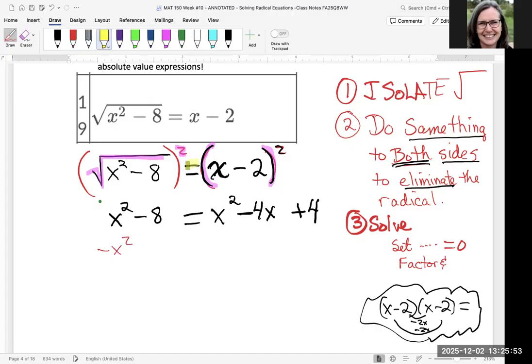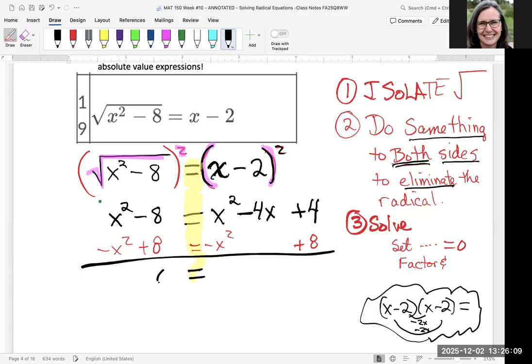I'm going to make sure I keep my equal signs lined up so I don't make silly mistakes. I also don't want that minus 8, so I'm going to add 8 to both sides. Keep my equal sign going. So I have 0 is the same thing as negative 4x plus 12.